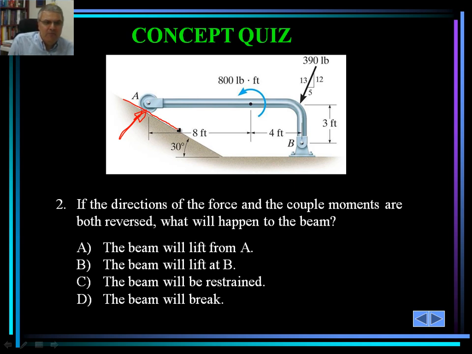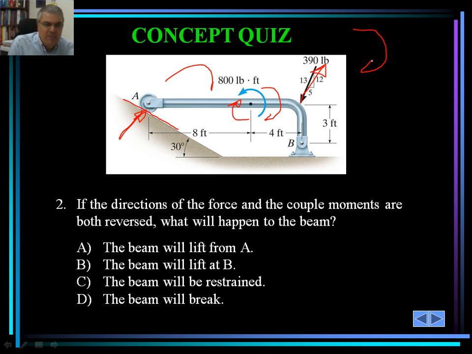As you can see, if we reverse the situation, that means we're going to provide the opposite of what you see here. So that's kind of like this way, which is the same as what I've drawn. And then there would be a couple moment acting the other way, right? Of course, in such a system, we have a tendency to turn the system to the right of the page, so it's kind of like we are turning it this way if we reverse the situation.